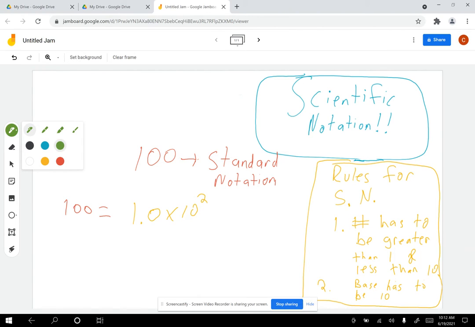When we see 100, we can assume at the end of this number is a decimal, right? So we have a decimal point right at the end of the number, because if it was a decimal, it would be 100.55 or 100.672.